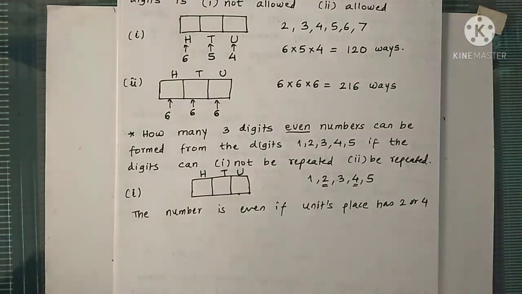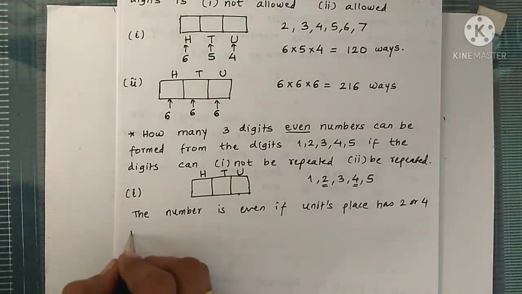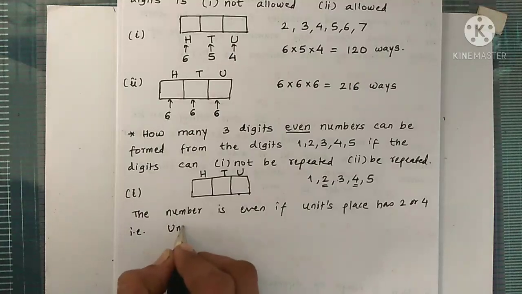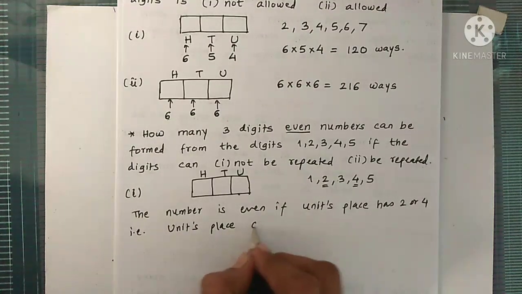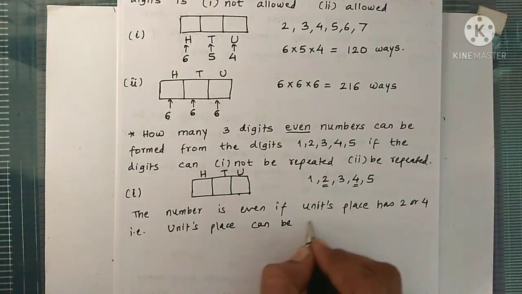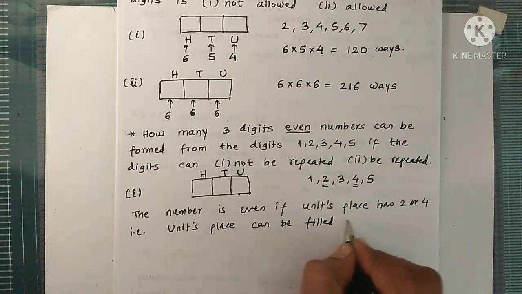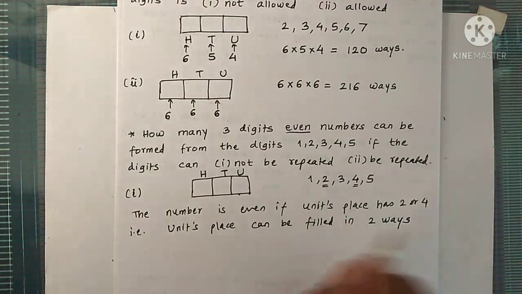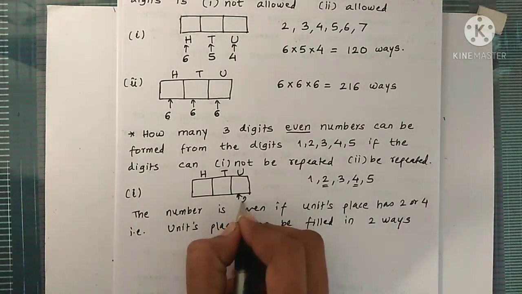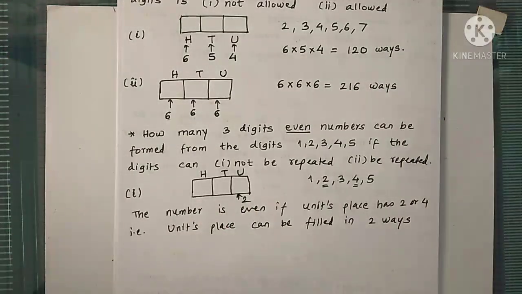So then only the number is even number. That means this units place has only two choices, can be filled in two ways. So the choice for units place is only two, either 2 or 4.